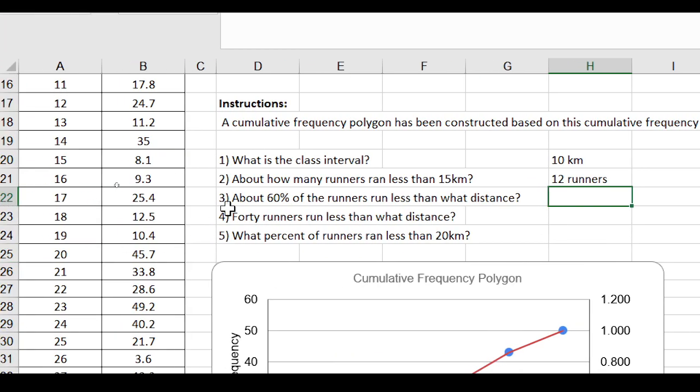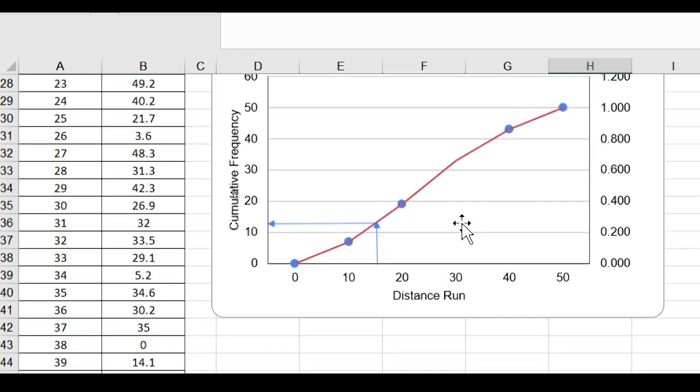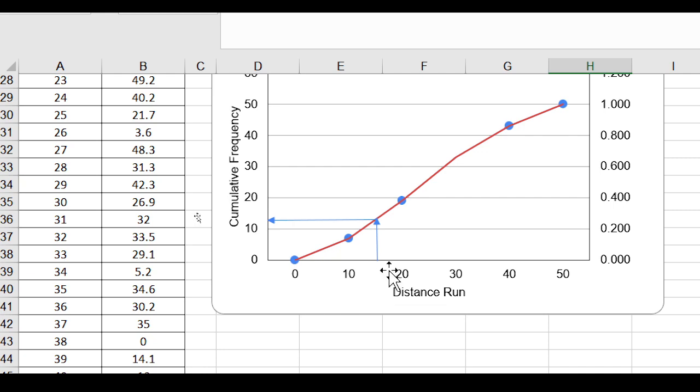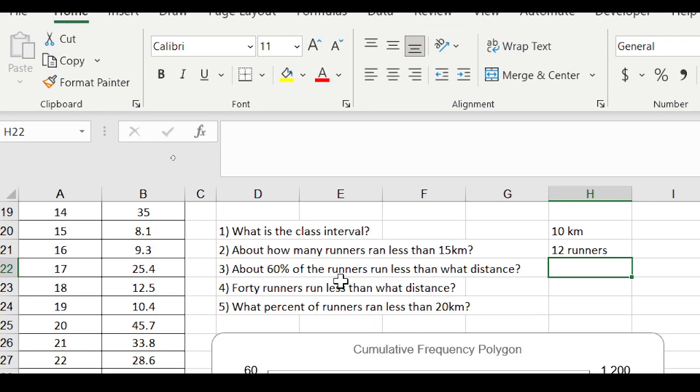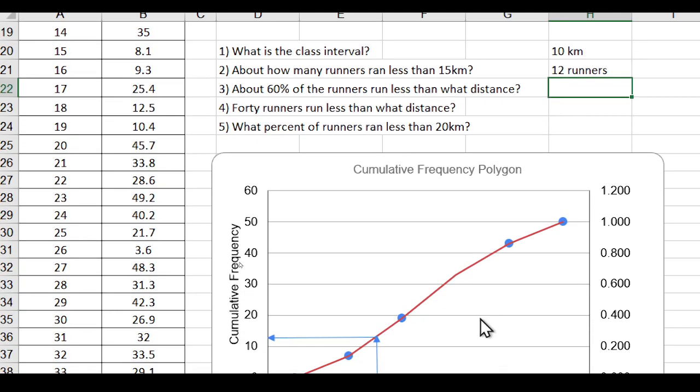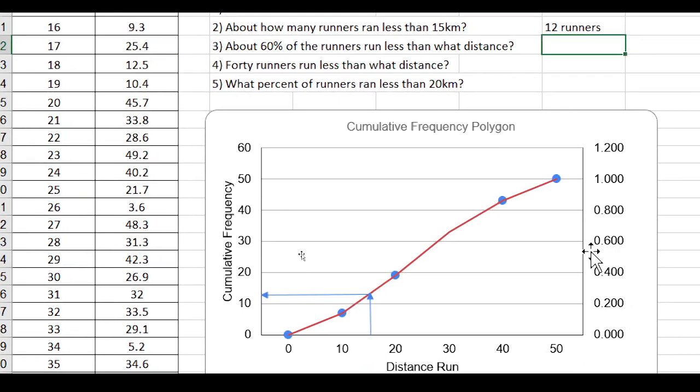Next question. About 60% of runners run less than what distance? Remember, the distance is measured on the x-axis, and they're giving us a percentage, so the percentage is the relative cumulative frequency. 60% is the same as 0.6.